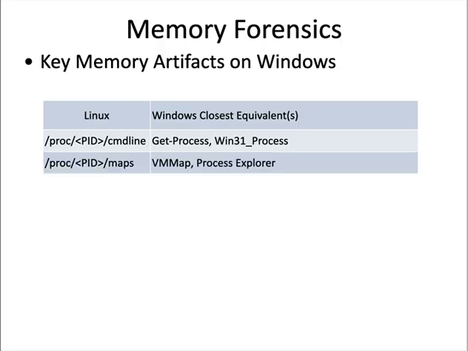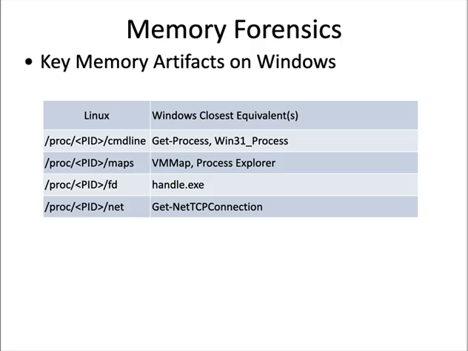To look at the memory regions, I can use VMMap or Process Explorer. Again, Process Explorer is a part of the Sysinternals suite of programs that are very handy in forensics. File descriptors are also called file handles. So Windows has a handle.exe that will tell you files that are open.